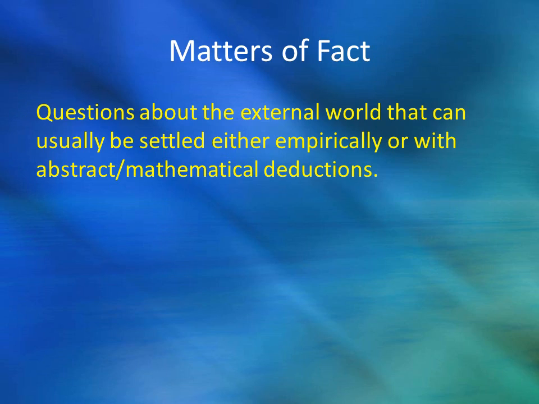So matters of fact, these are questions about the external world that can usually be settled with empirical or with abstract mathematical deductions. So these are questions that essentially you can figure out whether or not they correspond with reality.